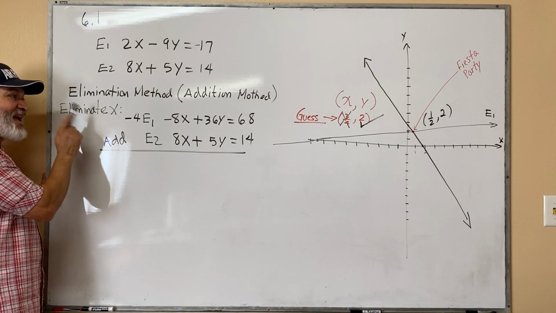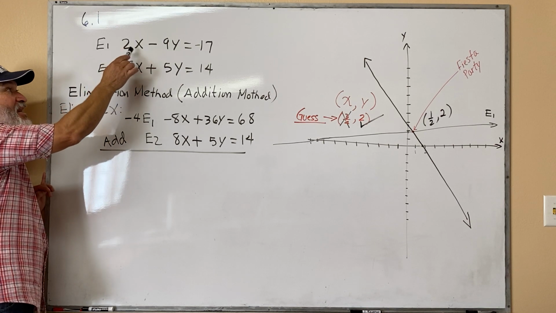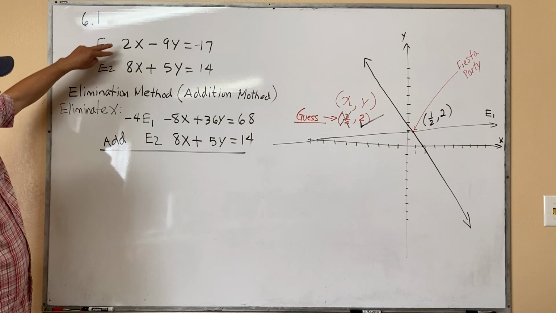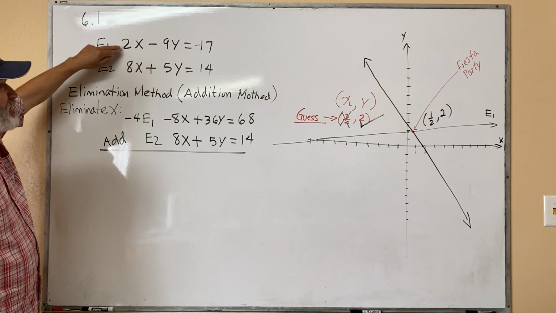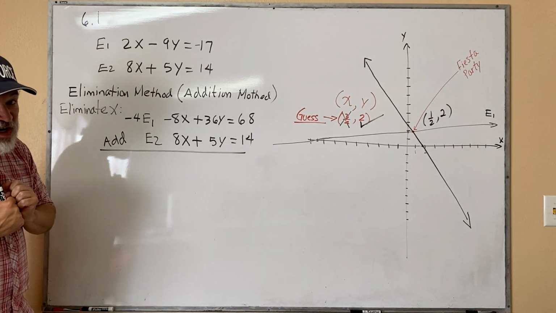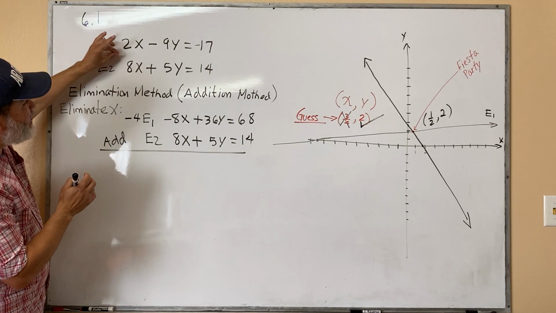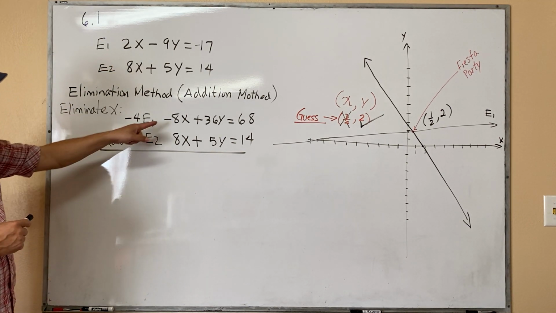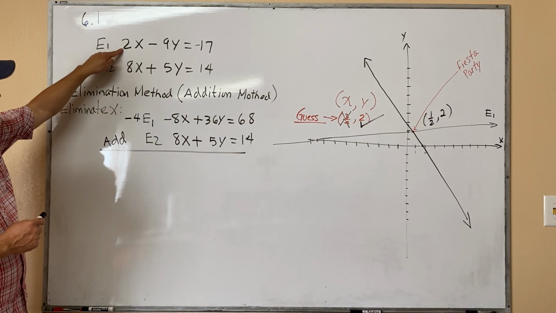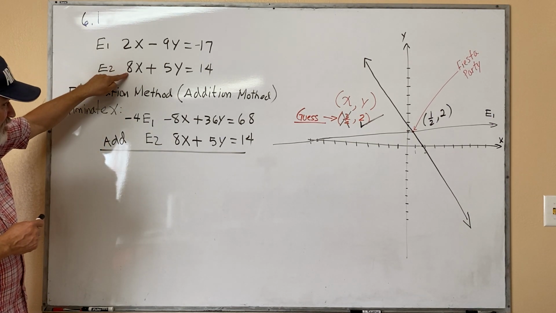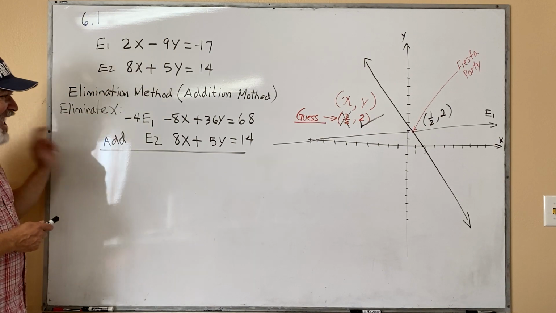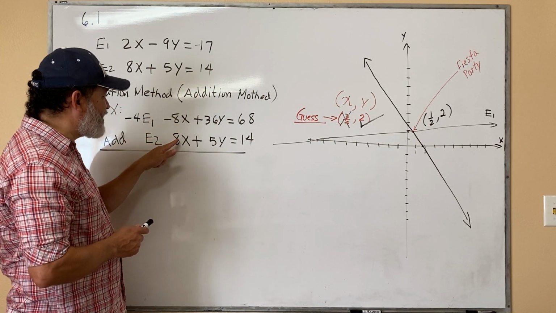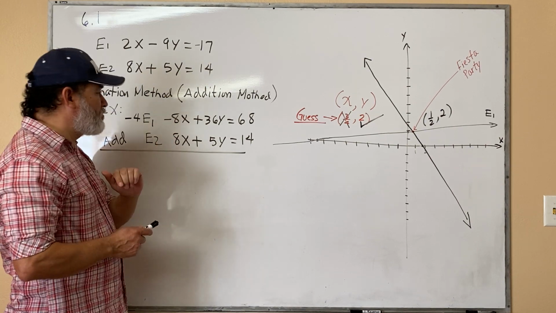To eliminate x, they need to be opposites. The x terms need to be opposite so they can eliminate each other. When you add them, you get a 0. And I did, look, this became opposite to this. Now when I add, I get 0 there because -8x plus 8x gives me 0.